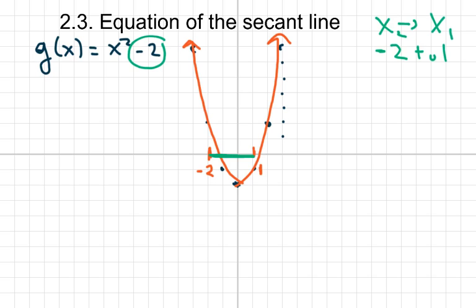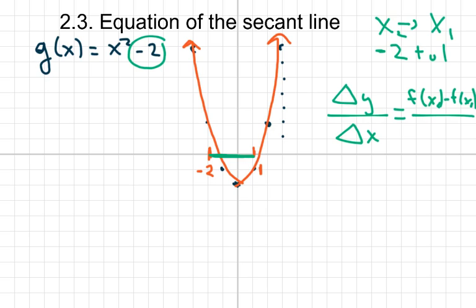And we're going to do the average rate of change as delta y, or the change in y, over the change in x to find the slope, which is f of x2 minus f of x1 over x2 minus x1. So basically it's just like saying y sub 2 minus y sub 1. It's just like finding the slope like you did in Algebra 1. So we don't know what y sub 2 and y sub 1 is, so we have to evaluate.